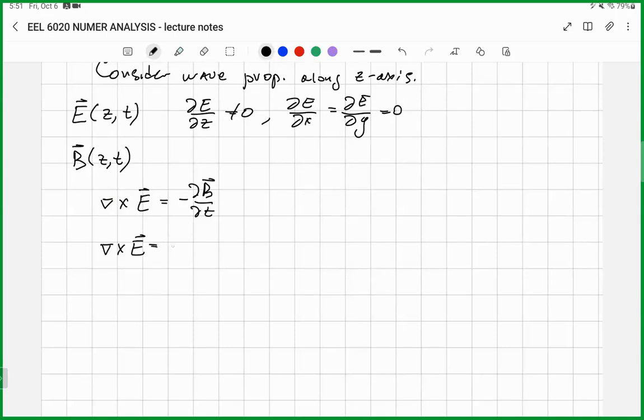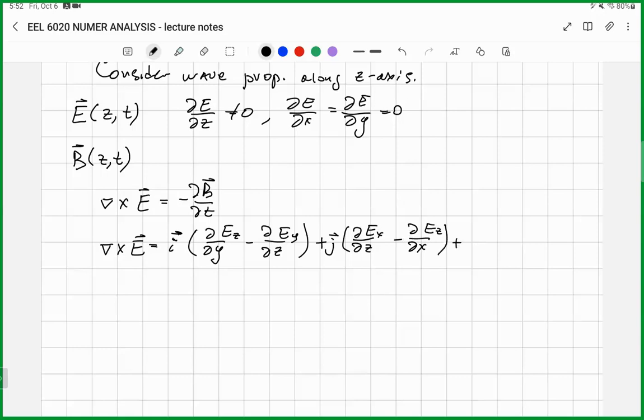and it's equal to i, the unit vector in the x direction, times d over dy Ez minus d over dz Ey, plus j times d over dz Ex minus d over dx Ez, plus k times d over dx Ey minus d over dy Ex.